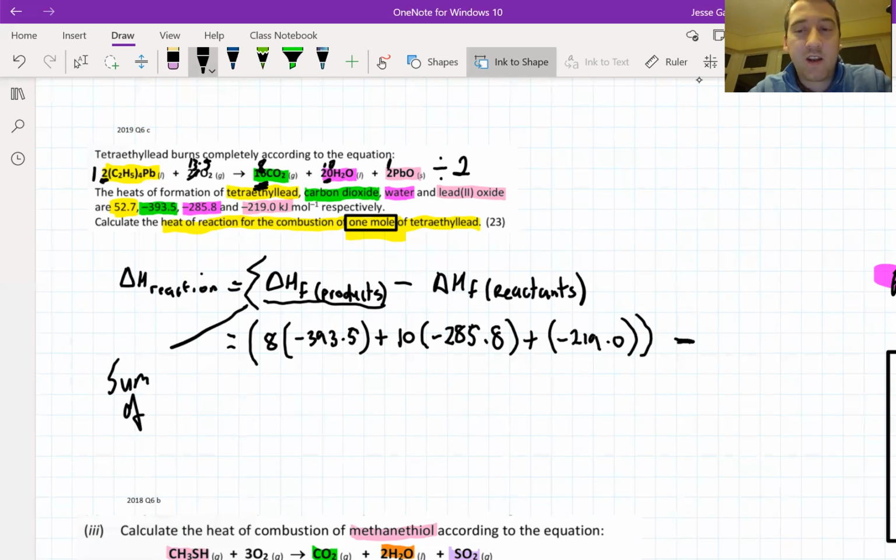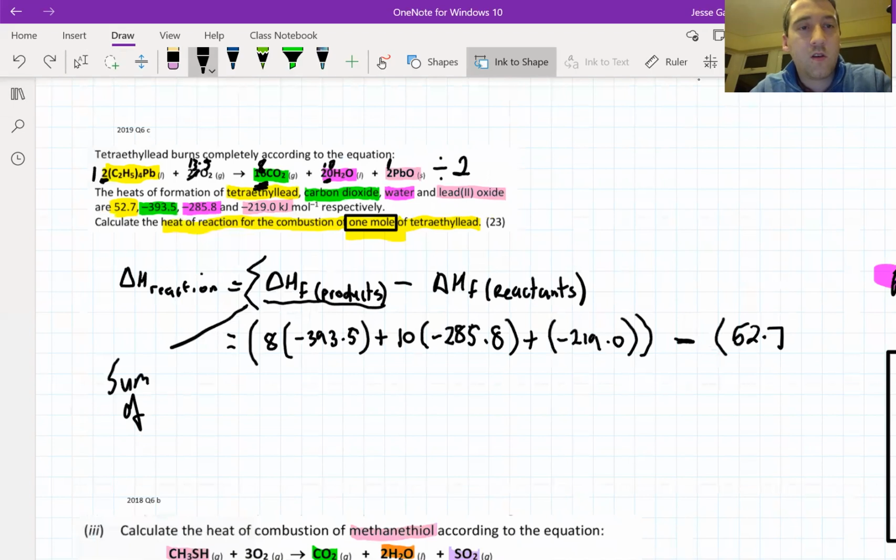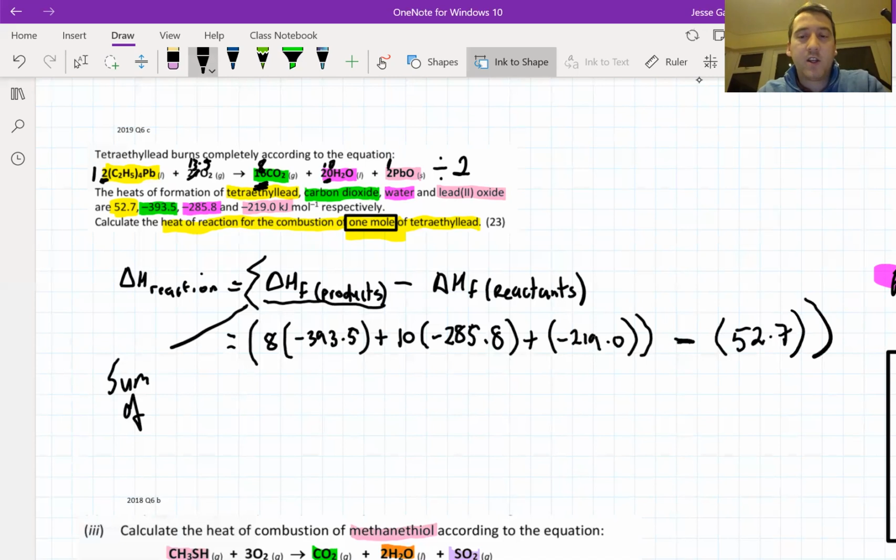And the delta H value, so I'm taking away, oh sorry, it's not minus, it's positive 52.7. Like that. Now that's very messy. Apologies, I'm just going to fix that up a little bit. Not happy with that. So I'll just get my rubber. Okay, so we've got 52.7, like that.